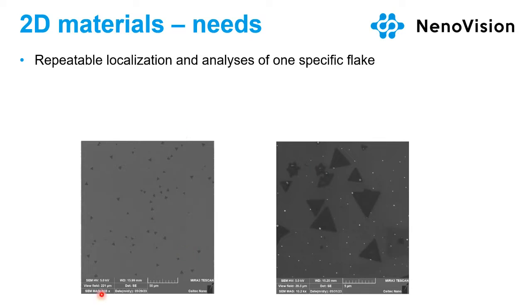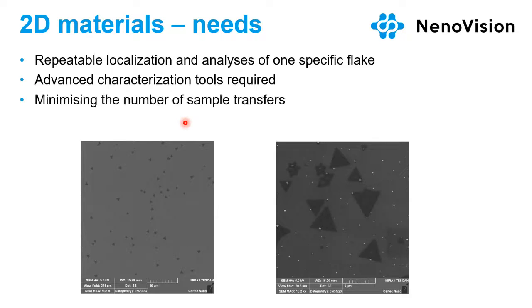There are so many flakes and they look quite similar, but they are not the same. And we need to know that we are measuring at the same spot. And in order to understand the properties, we need to correlate the data together and see if we can find something which is connecting.